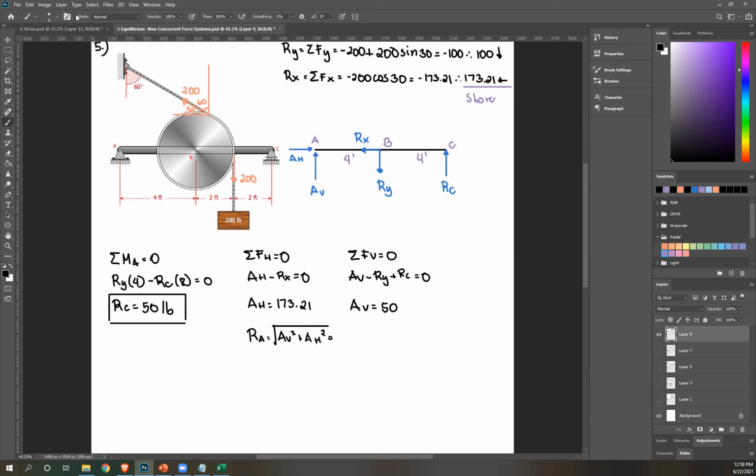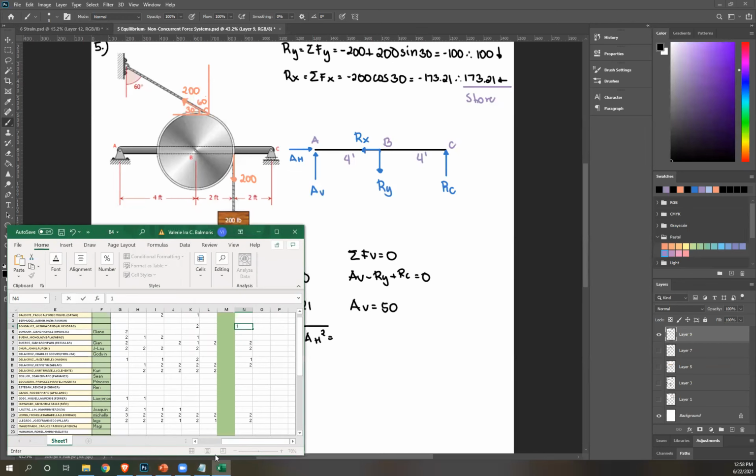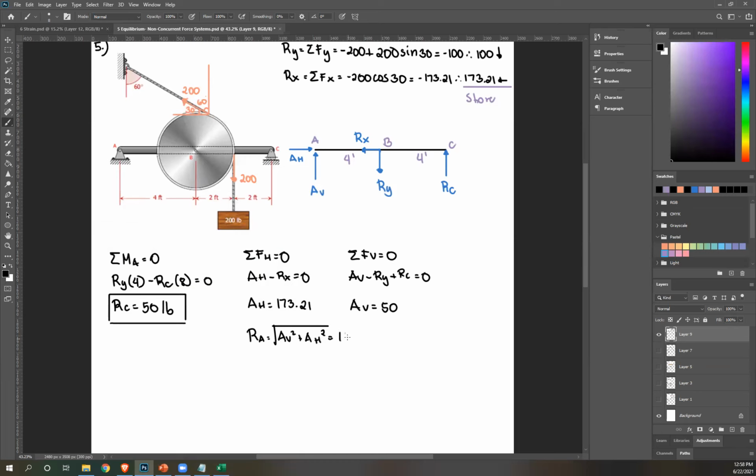Correct. It's 180.28 pounds. And then to complete the answer, also solve for theta. It's arctangent of AV over AH. Please solve what's theta.